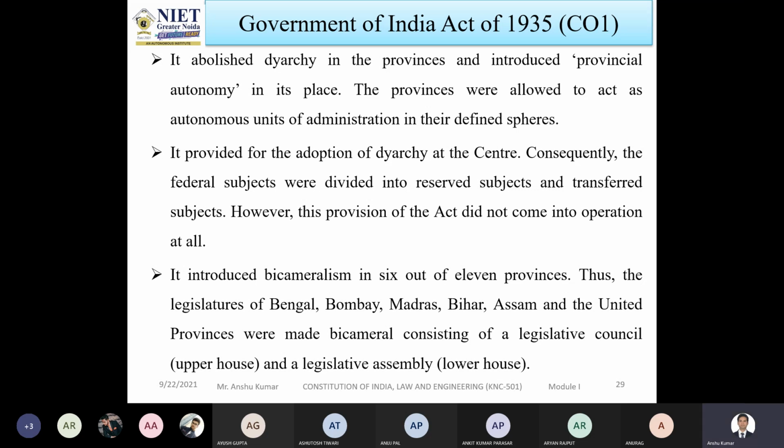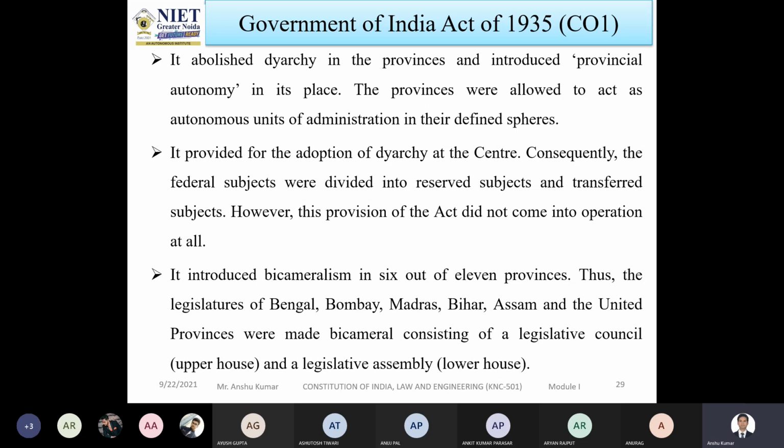It provided for the adoption of diarchy at the center. Consequently, the federal subjects were divided into reserved subjects and transferred subjects. However, this part of the act did not come into operation at all. But in the Constitution, most of the part is taken from the Government of India Act 1935.